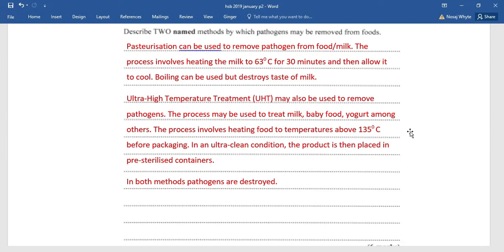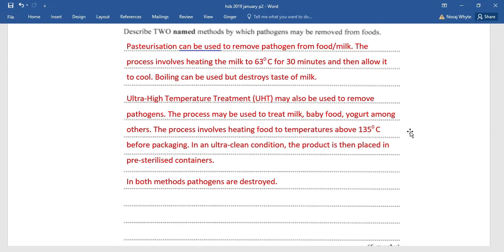Now, the process involves heating the milk to about 63 degrees Celsius for about 30 minutes and then allowing it to cool. Boiling can be used, but boiling will destroy the taste in milk. So in some cases we are boiling other products, but as it were for milk, it is probably not a good idea. Now, ultra high temperature treatment, or UHT, may also be used to remove pathogens.